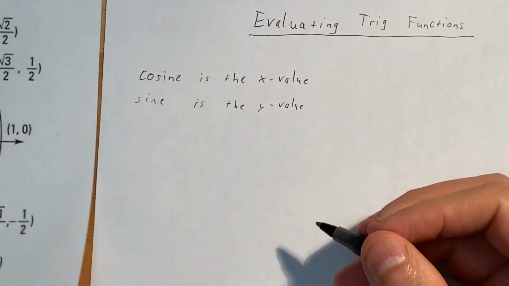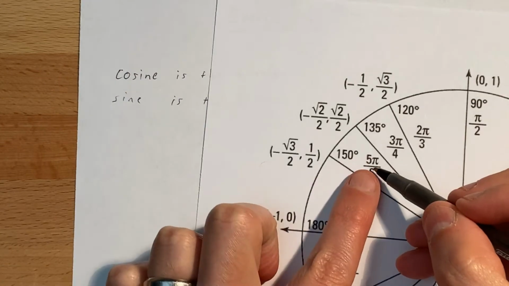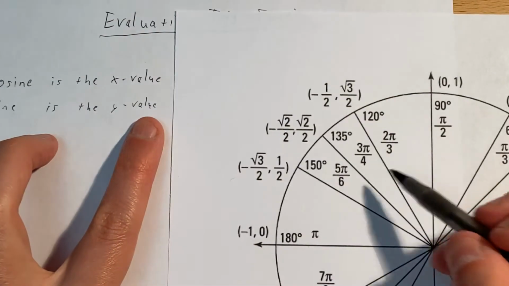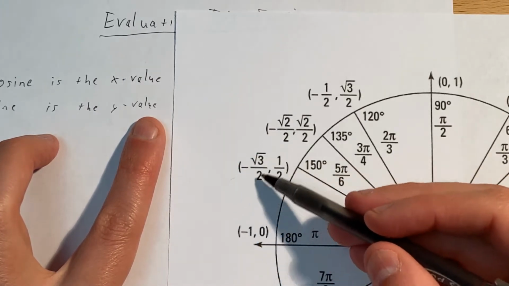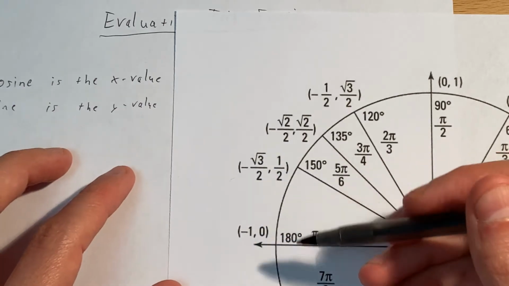And that would be it for your notes. If I say what is the cosine of 5 pi over 6, then cosine is the x value. So the x value at 5 pi over 6 is negative root 3 over 2, and that would just be your answer. Feel free to fast forward.